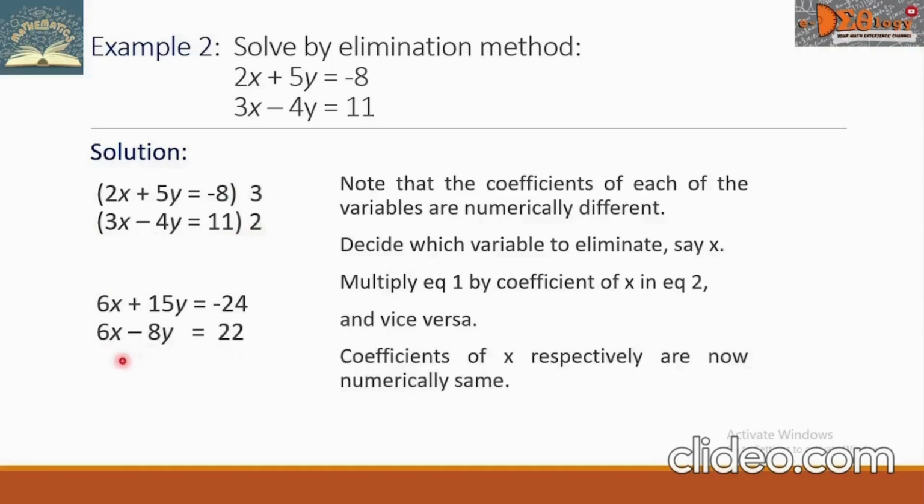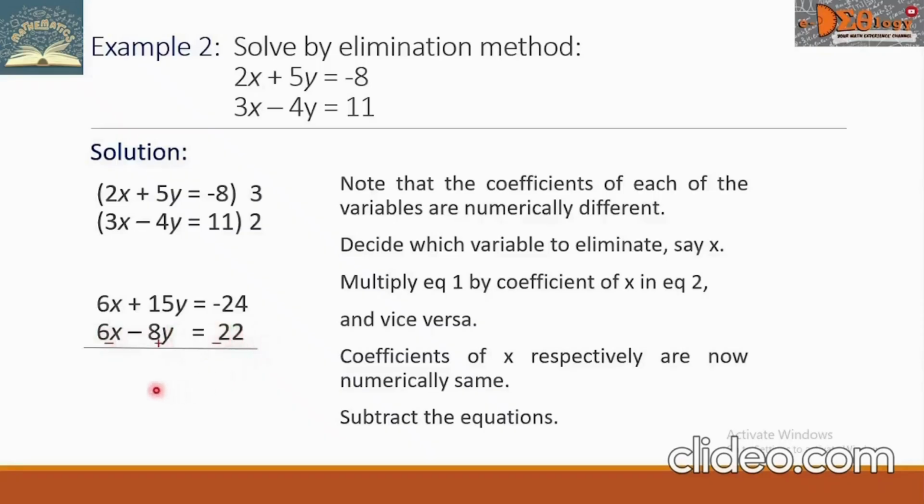Now we see that the coefficients of x respectively are now numerically the same. Therefore, we will subtract the equations. Remember, when we subtract, we need to change the sign of the terms of the second equation. The 6x here becomes negative, negative 8y becomes positive, the positive 22 becomes negative.